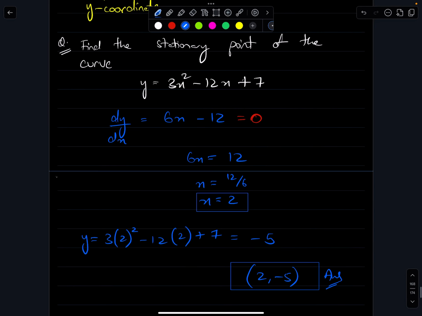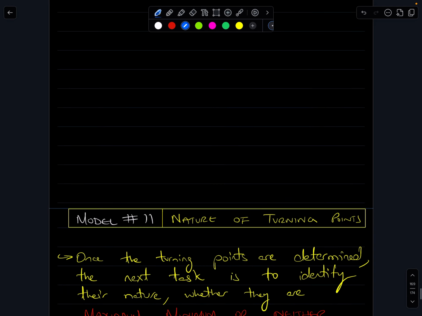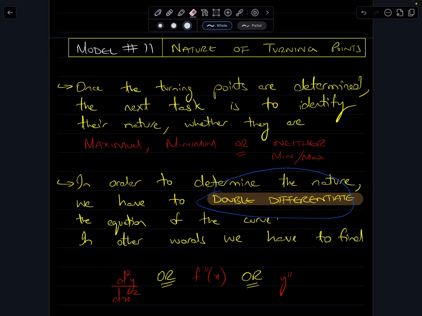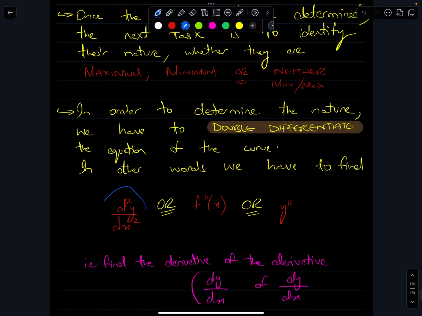Now, whether this is a maximum point or a minimum point, whether this is a maximum quadratic curve or a minimum quadratic curve, in order to determine this through differentiation, we find the differential of the differential, that is the double differential, and we double differentiate the equation of the curve and find d2y over dx squared.